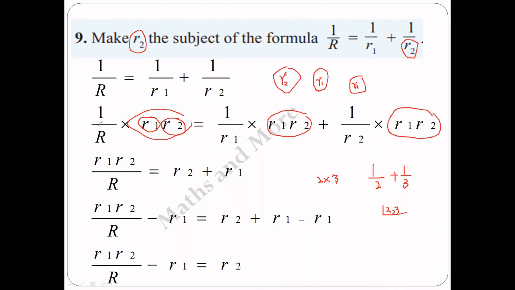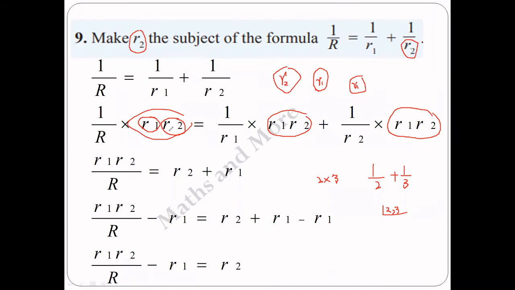1 over R multiplied by R1 R2. Equals sign. 1 over R1 again multiplied by R1 R2. Plus, this plus sign here. 1 over R2, multiply again by R1 R2. All the terms are multiplied by R1 R2.